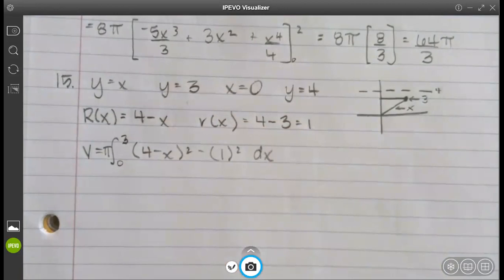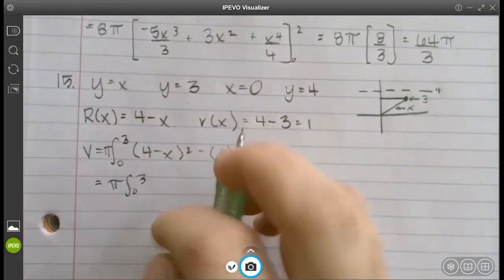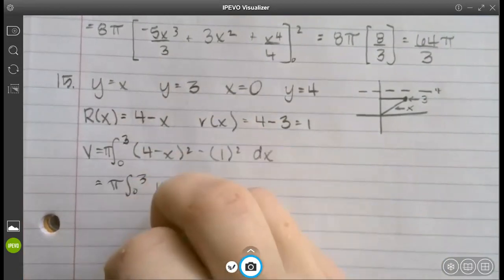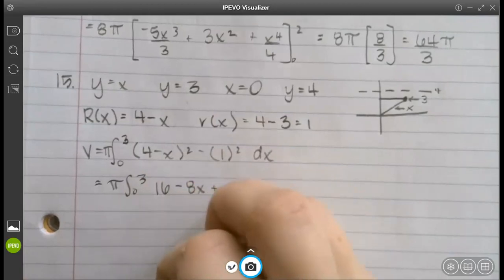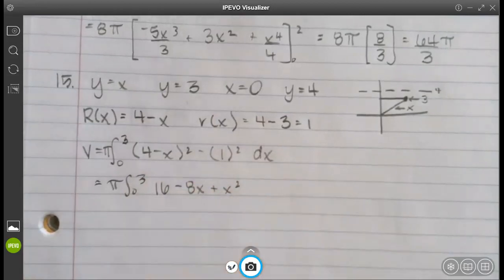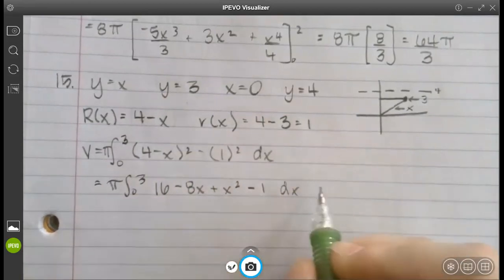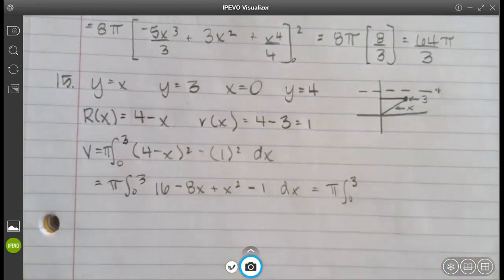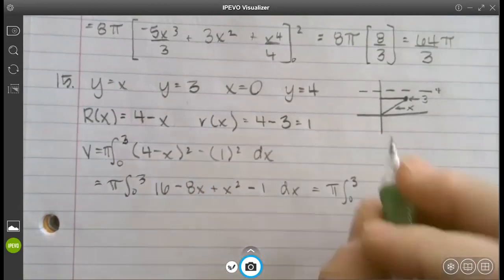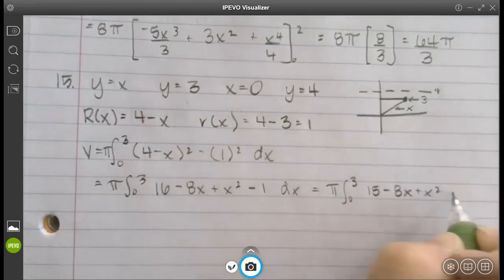All right. If I multiply out 4 minus x squared, I get 16 minus 8x plus x squared, right? 4, yep, minus 1. So what am I actually integrating? 15 minus 8x plus x squared dx.